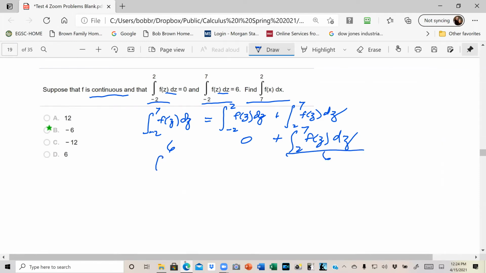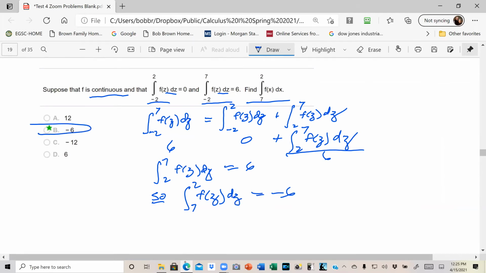In other words, the integral from 2 to 7 of f of z dz must be equal to 6. So using the other property we know of integrals, the integral from 7 to 2 is going to be the negative of that. So that's the answer to this one.